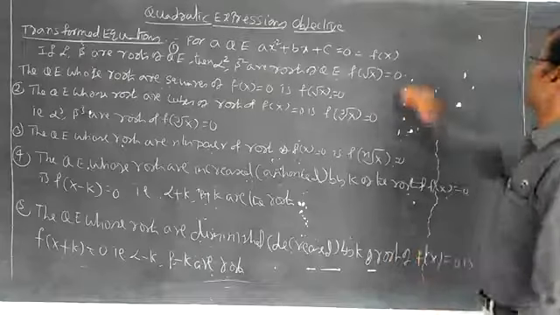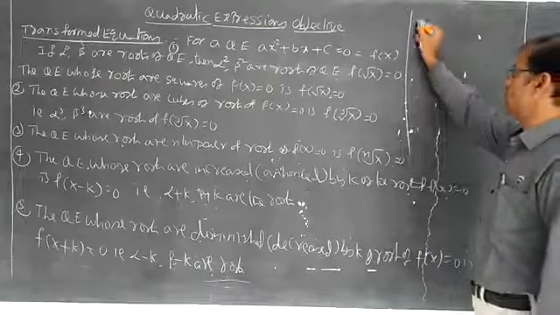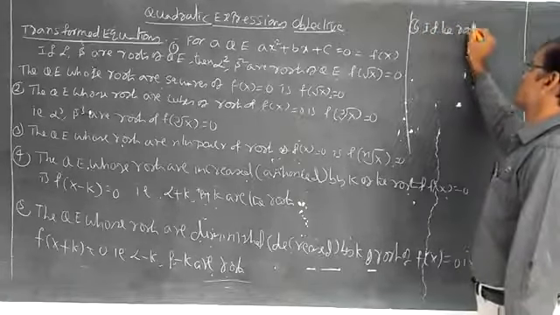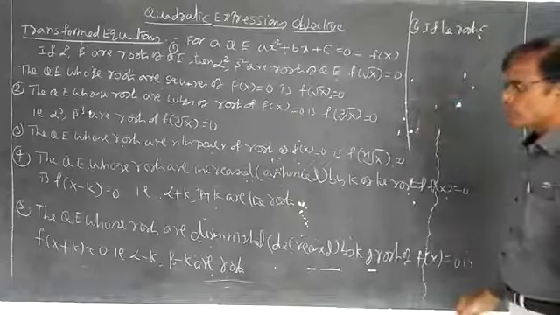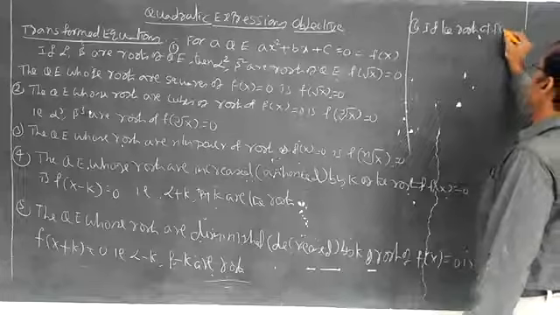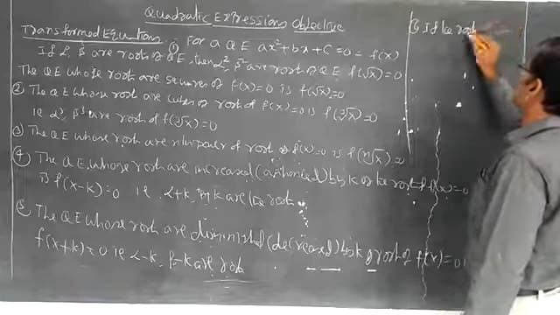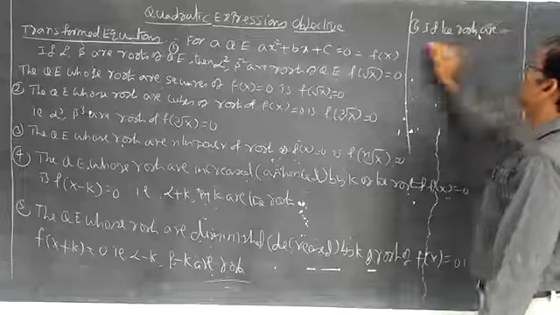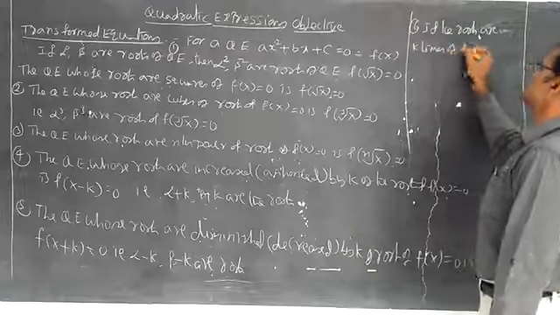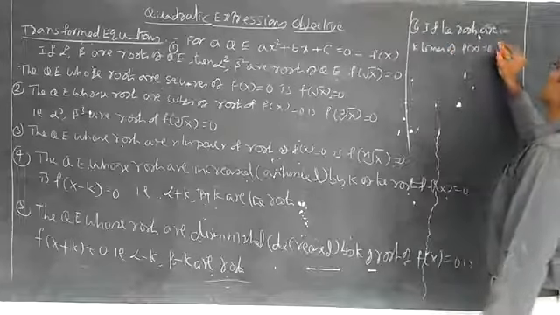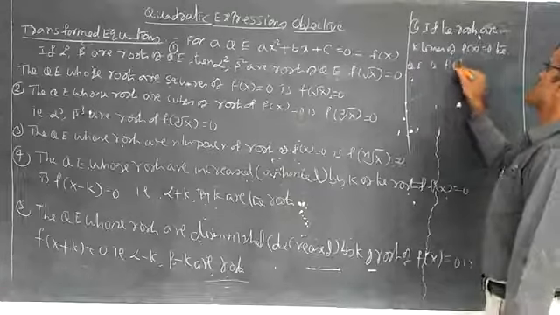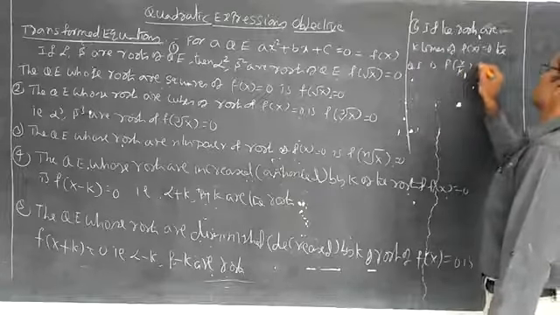In a similar way, we can write another formula also. If the roots are k times of f of x equal to 0, the quadratic equation is f of x by k is equal to 0.